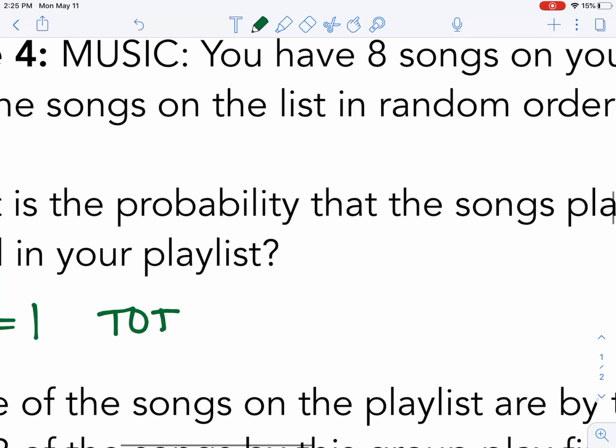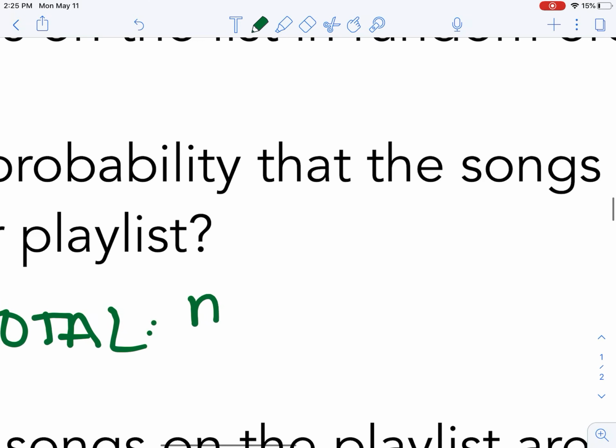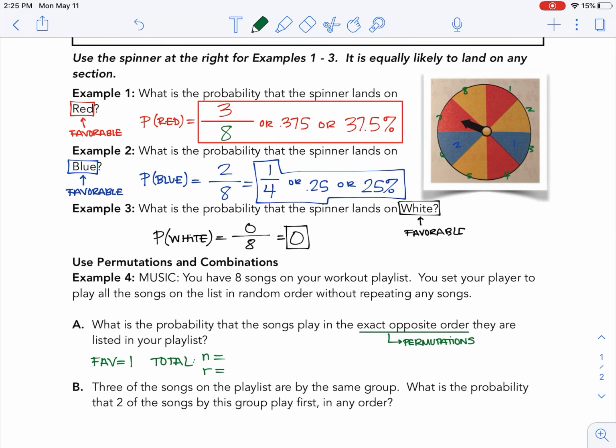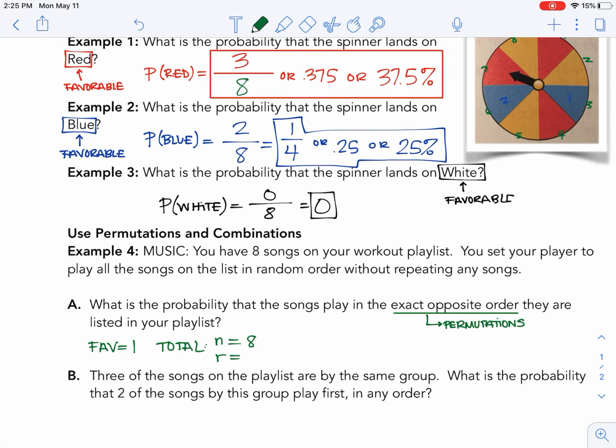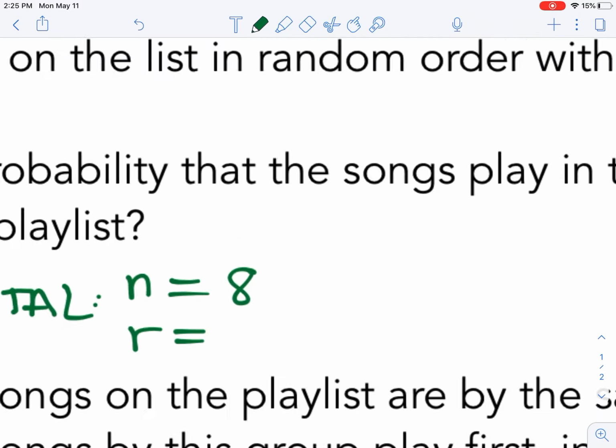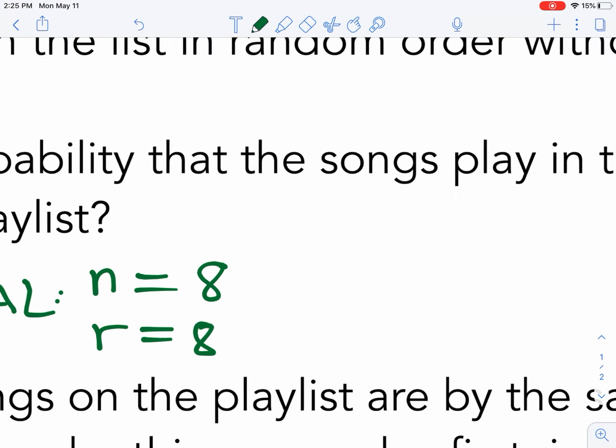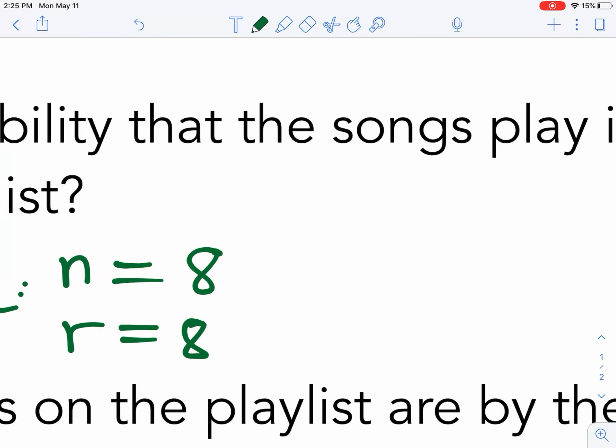Our total number of outcomes takes us back to our 10.4 lesson. How many songs are we picking from and how many do we get to pick? So if we're looking at this, we have 8 songs and we are listening to all 8 songs because we want a list of all of the songs in the exact opposite order.